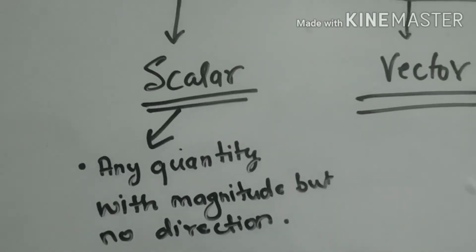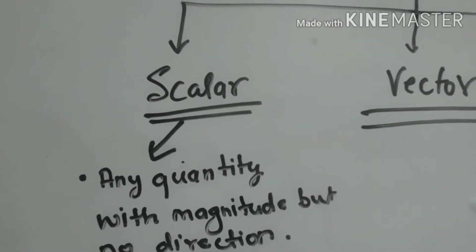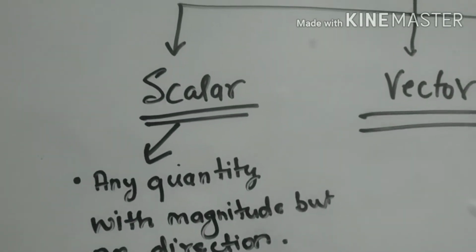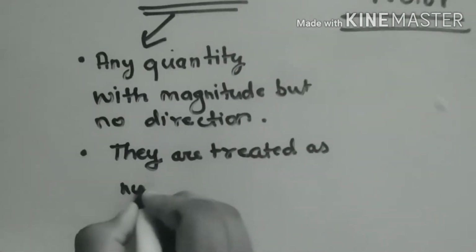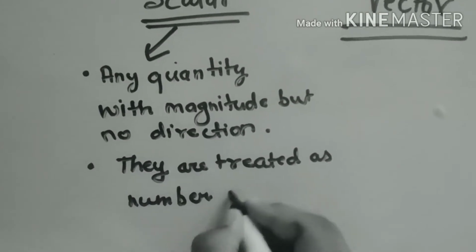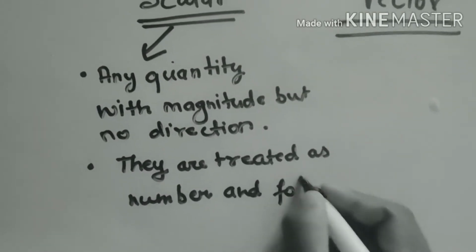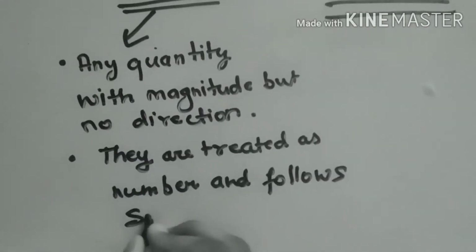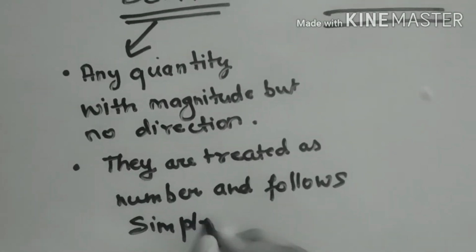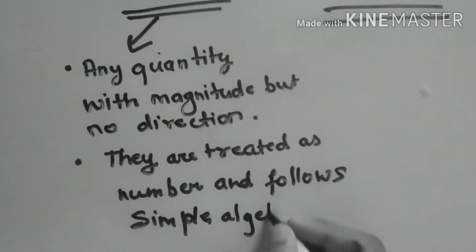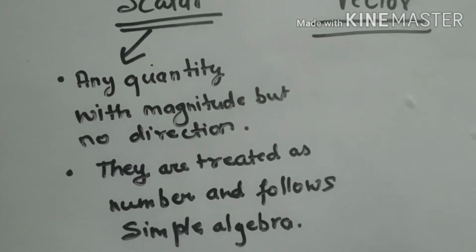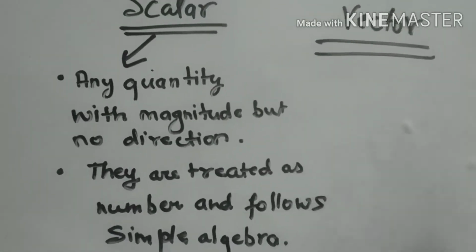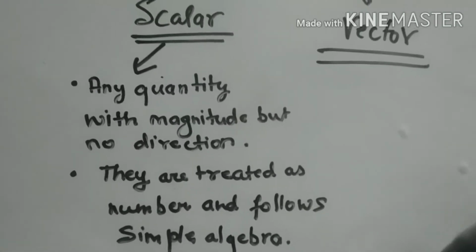Second, they are treated as numbers and follow simple algebra. Means for addition, for subtraction, for multiplication, scalar quantity generally uses simple algebra like 1 plus 1 is 2 only, but in vectors that is not so.